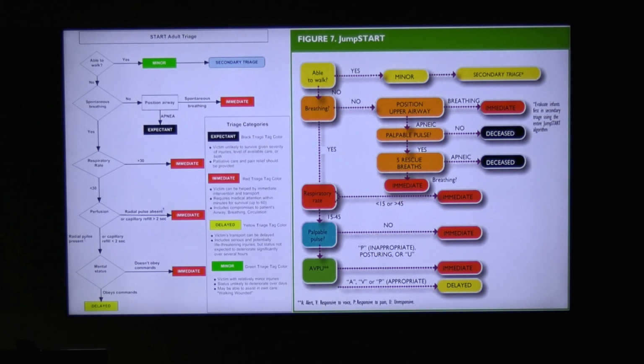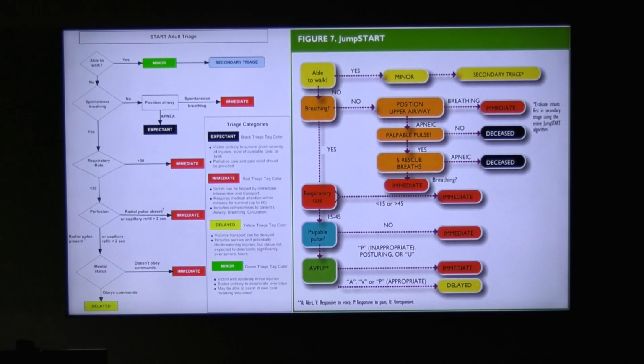So then after we have assessed all of the minor patients, if the patient is not able to walk, are they breathing? If the answer is no, then we position the upper airway. If they start breathing after positioning the upper airway, then they are considered immediate. If they are apneic, then you check their palpable pulses.